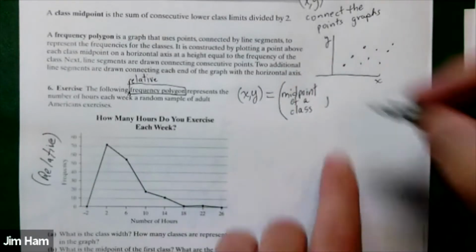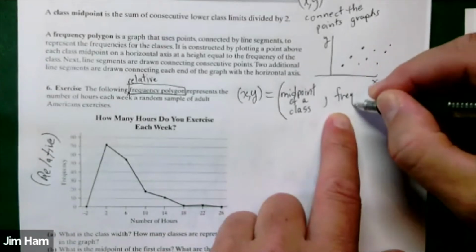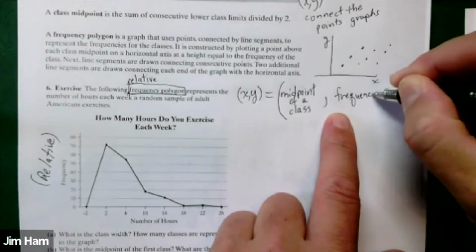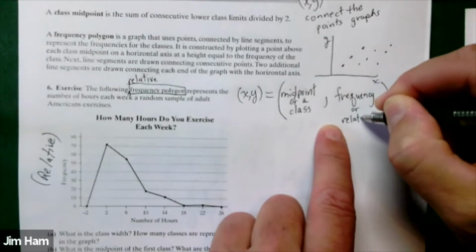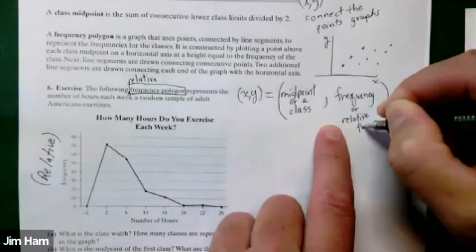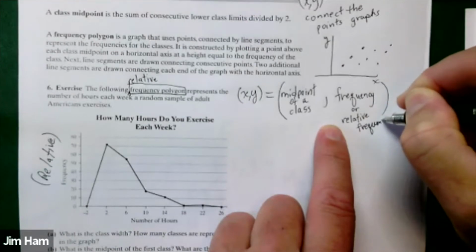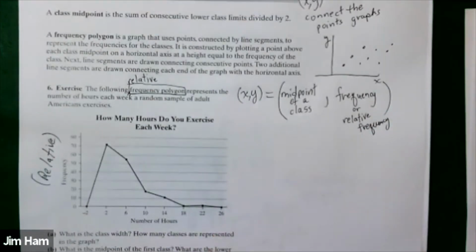In this case, we're just going to use the frequency. Now you can see various points on this graph. I'm going to write them down and show you how those points are related to the classes so that in the problems that we read later, we can interpret them.